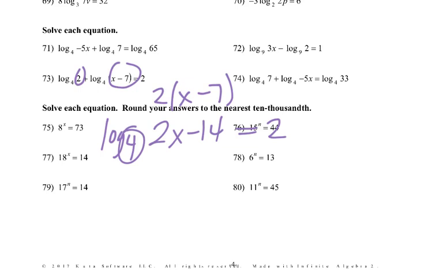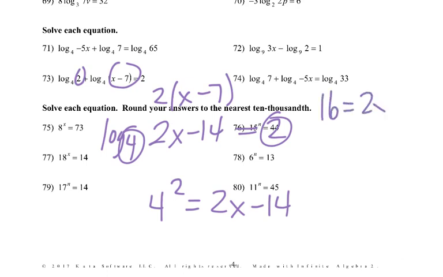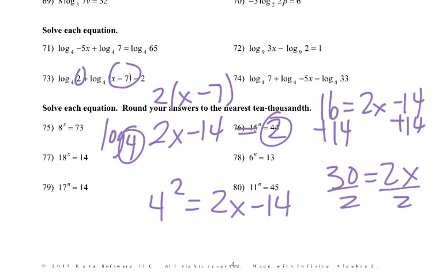Then I would switch it to an exponential, so 4 squared equals 2x minus 14. 4 squared we know is 16 equals 2x minus 14. Add 14 to both sides. We'd get 30 equals 2x, divide by 2, and 15 would equal x.